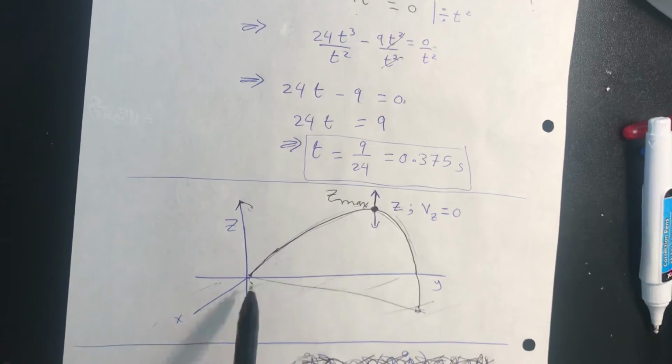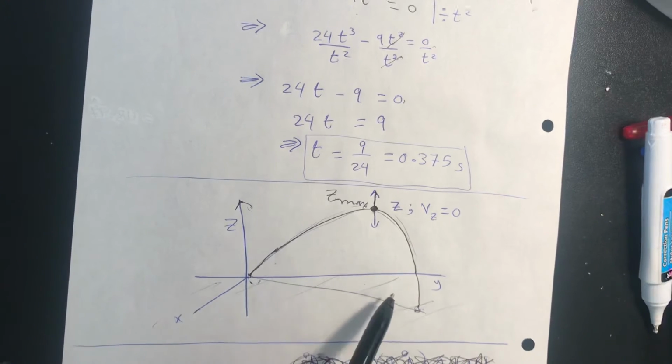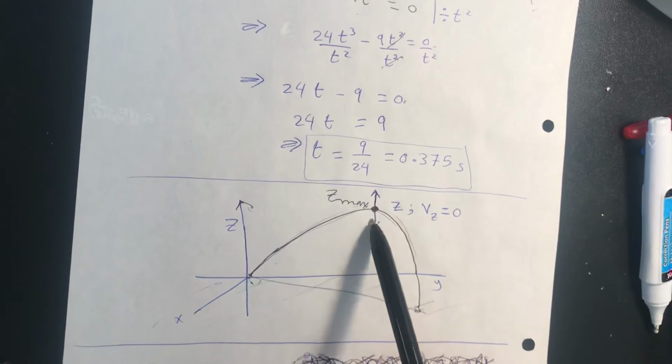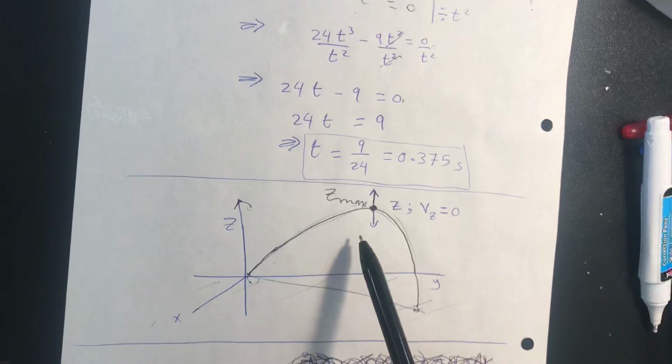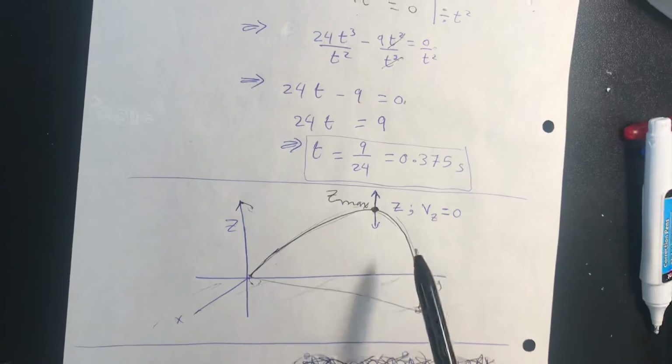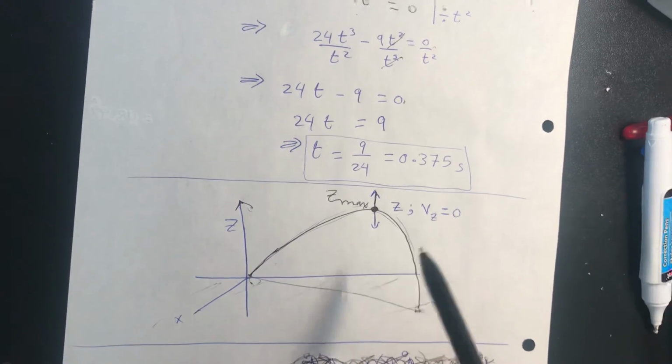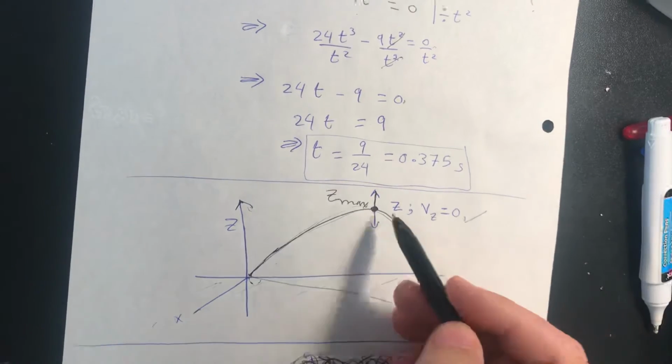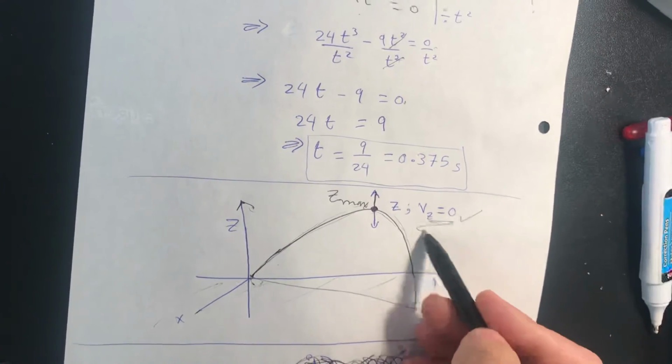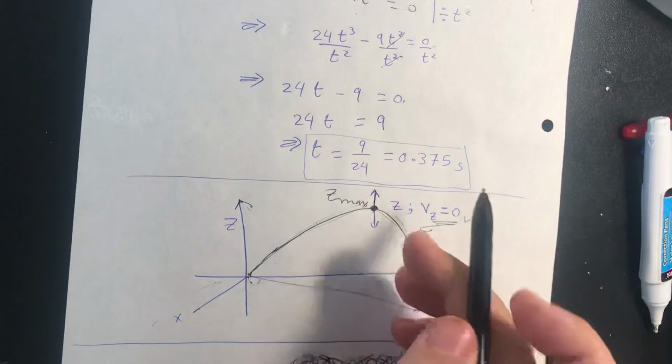But I have x velocity and y velocity. But I'm asking about the z velocity. Now, when I find when the vertical velocity is equal to 0, then I find that time.